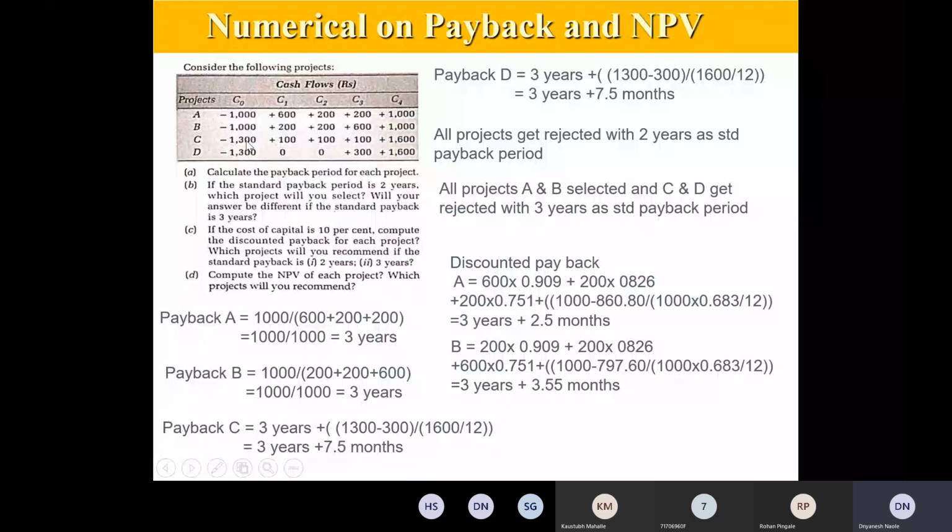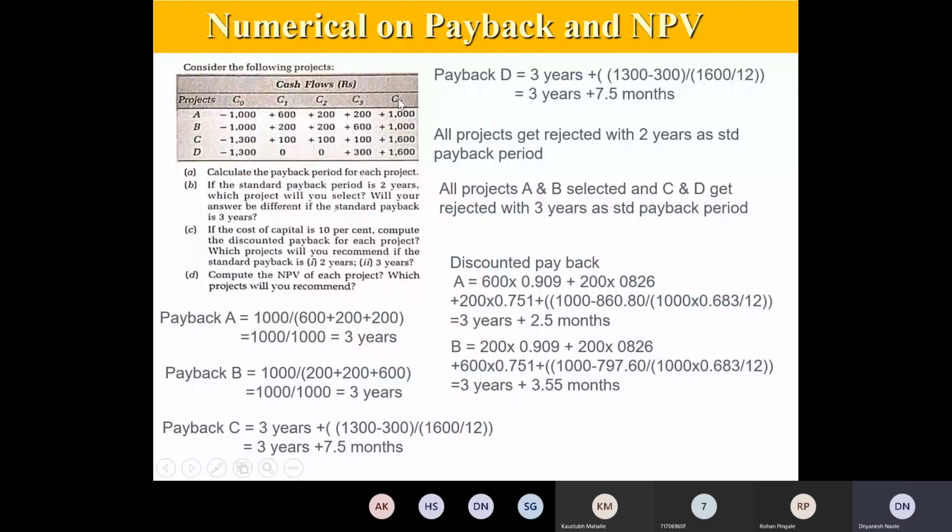So C और D के लिए 1300 rupees है. So in the first year you earn 100 rupees, so how much remains is 1200 rupees. Second year you again earn 100 rupees, how much remains? 1100. Third year again 100. So how much is remaining now to cover 1000 rupees by the end of the third year? Is this correct? Okay.